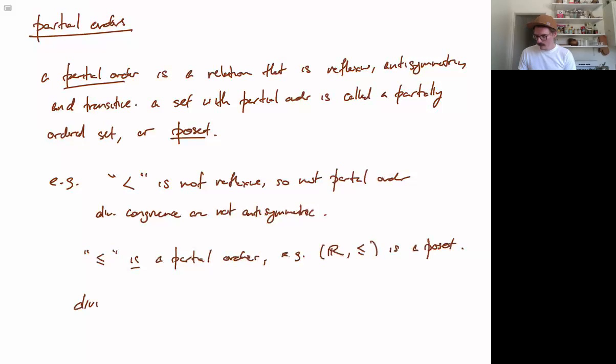Divisibility is anti-symmetric if we restrict to positive integers.